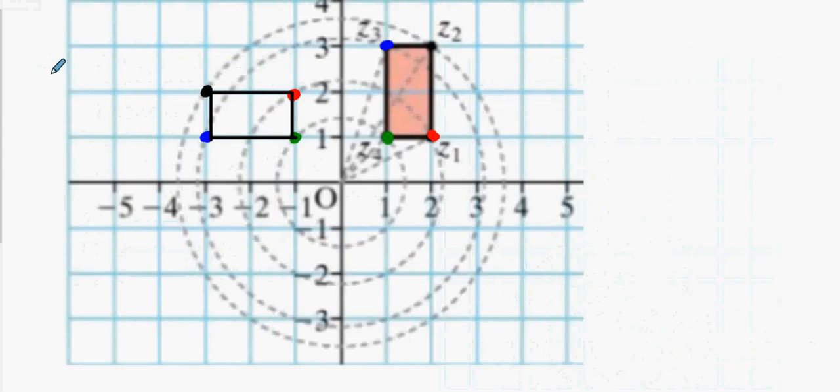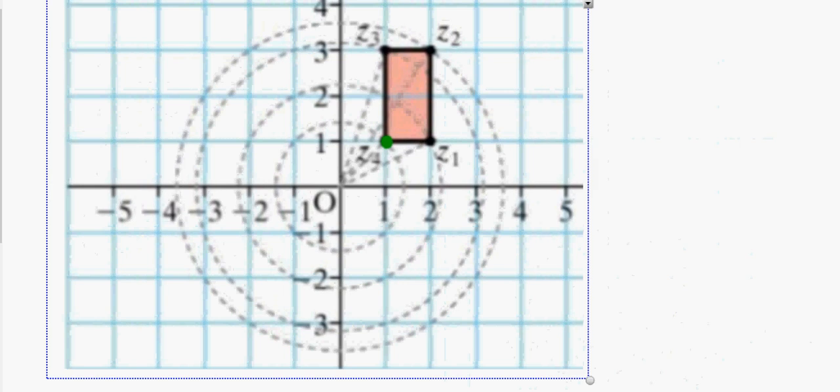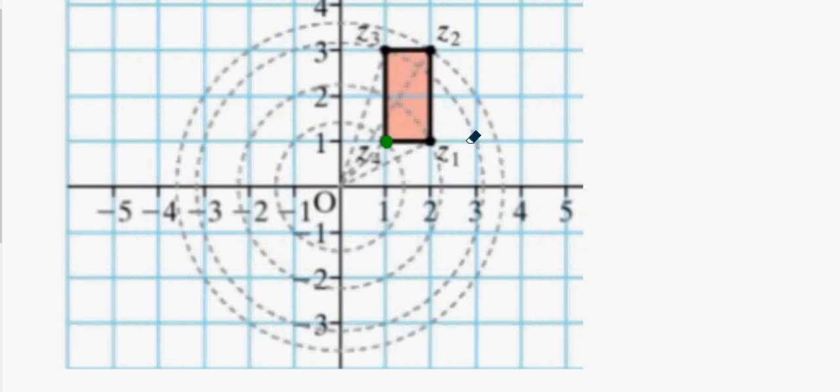So here's what we'll do. I'll just undo all this. Is that okay? Now, here's what we're going to do. We're going to write down each number as is. So what's Z1? 2 plus i. What's Z2? What's Z2?